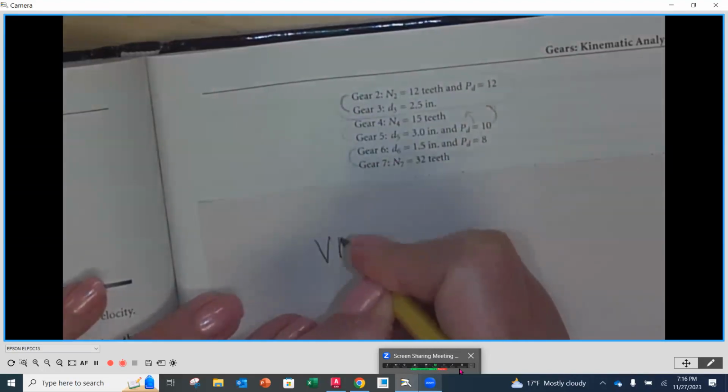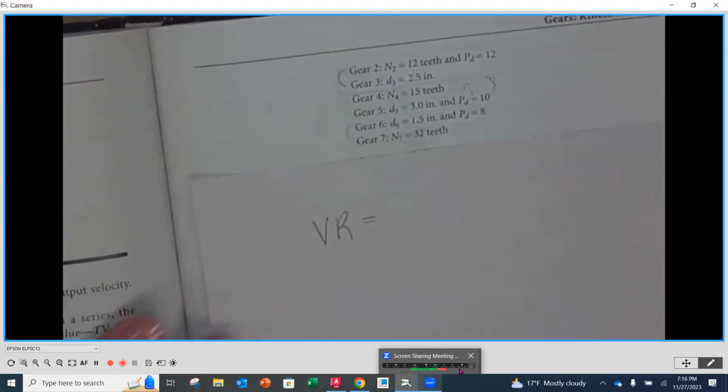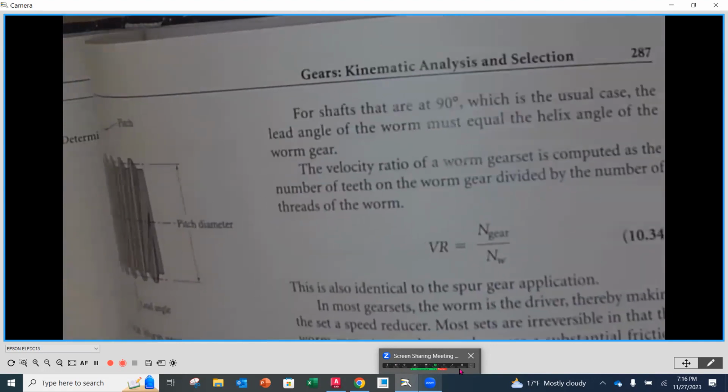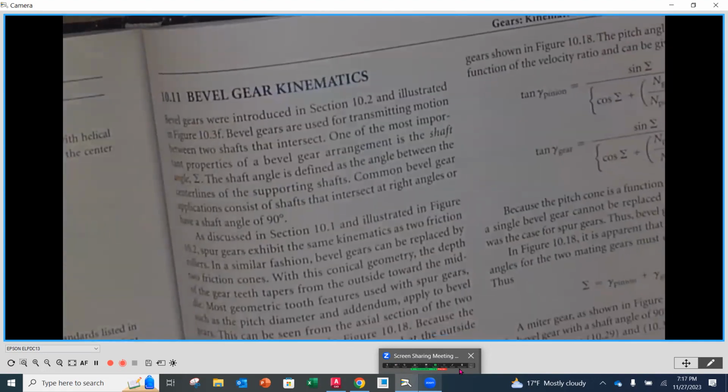So I'm going to get out a piece of paper here and we are going to do exactly that. Now it's been a little while since we looked at our equations for gears, so it's not a bad idea to review. Velocity ratio can be calculated using a couple of different variations.